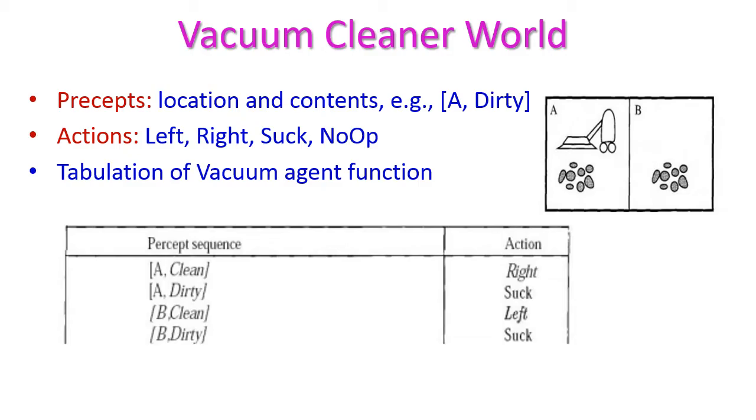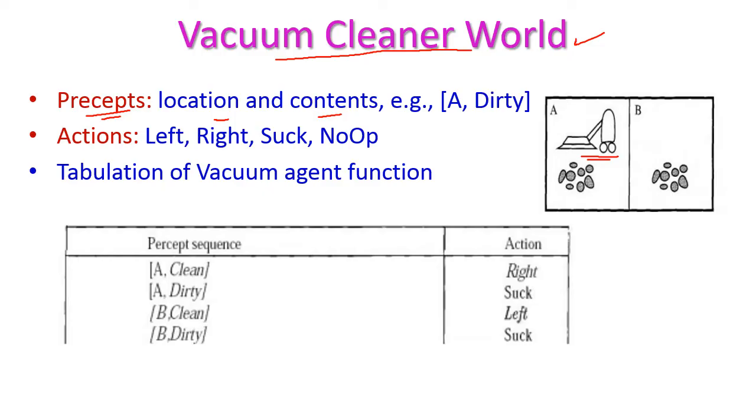Now let us see one example for this agent, that is the vacuum cleaner world. Here our agent is the vacuum cleaner. It will perform on this environment, so it is called the vacuum cleaner world. Here percepts are the location and contents.